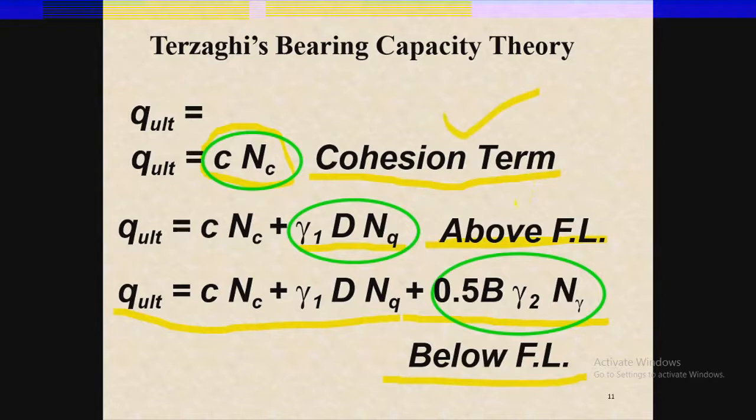The second term is due to the surcharge pressure or the soil above the foundation level, and the third term of the Terzaghi bearing capacity equation is related with the soil below the foundation level, below the base of the footing. So this is a simplified equation of the Terzaghi bearing capacity theory.